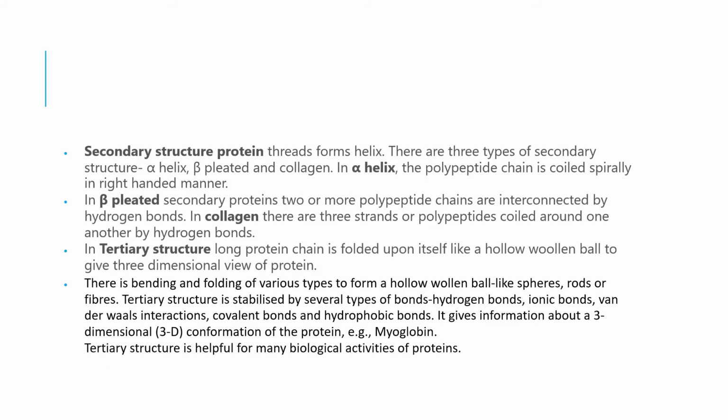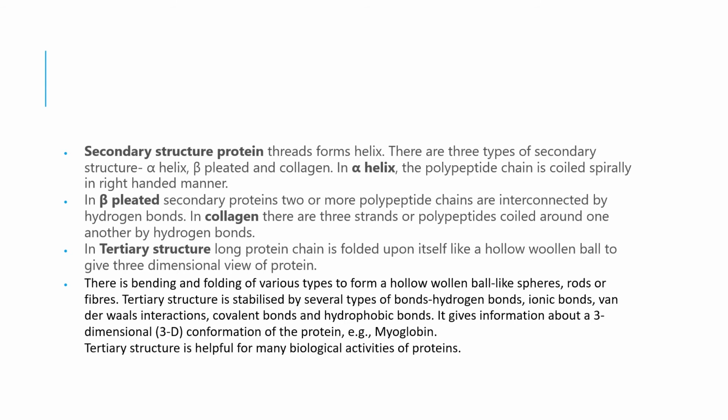Secondary structure of protein: it forms threads, and the threads form the helix. There are three types of secondary structure: alpha helix, beta pleated, and collagen. In alpha helix, the polypeptide chain is coiled spirally in a right-handed manner.